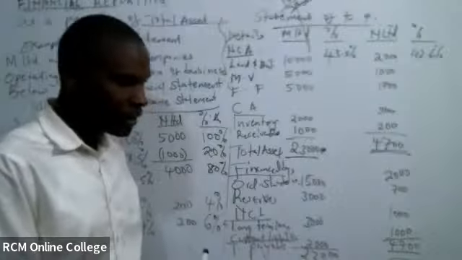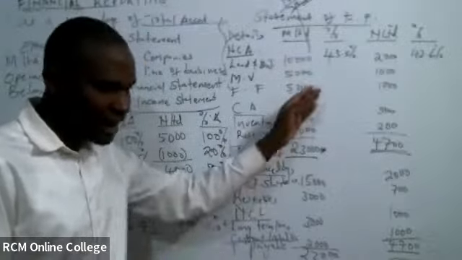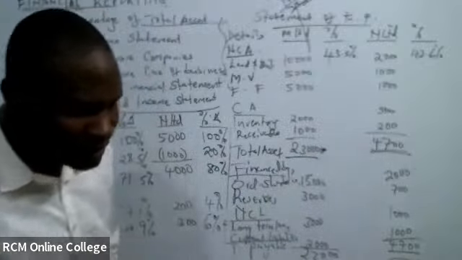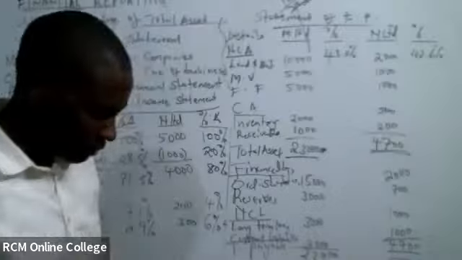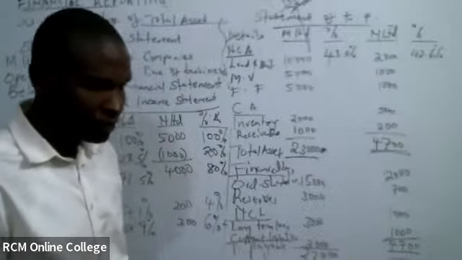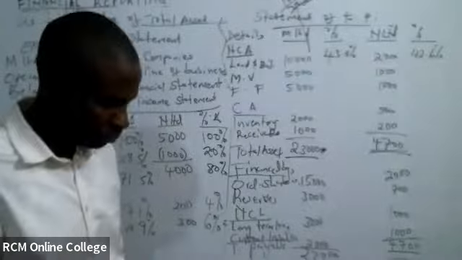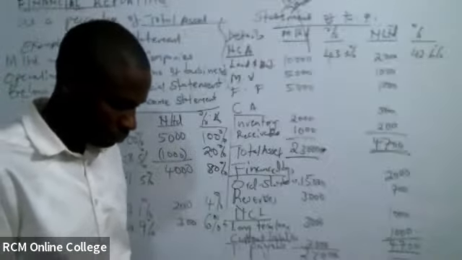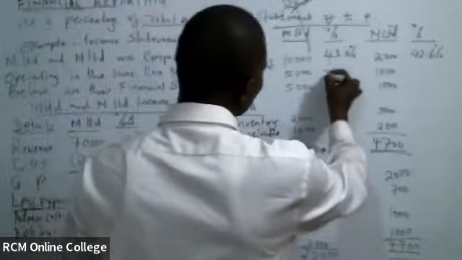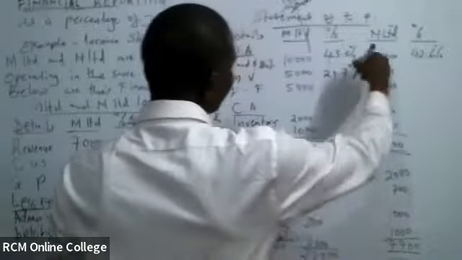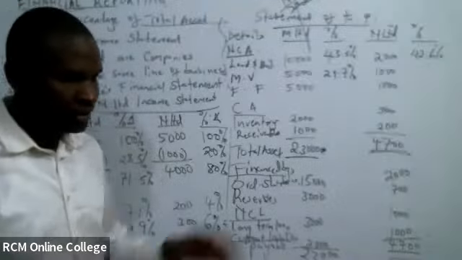Okay, let's go to the next one, motor vehicle. 5,000 divided by, your reference must be total assets. Give me the other one. 21.7%.